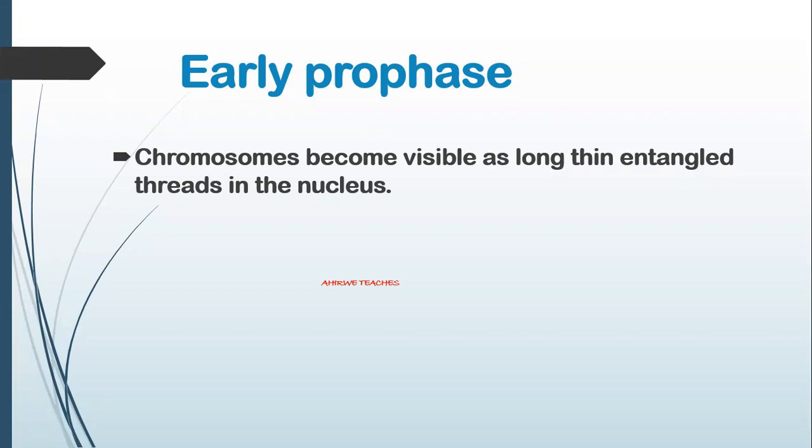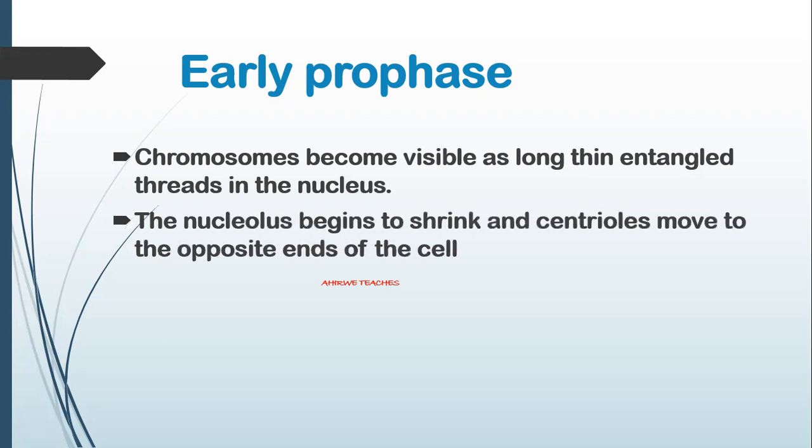So therefore, with early prophase, the chromosomes become visible as long, thin, entangled threads. Entangled means highly coiled with each other. That's where the chromosomes become visible. That's where you begin to notice that you have some division, that your cell is going to divide, because that's when you observe some changes within a cell.